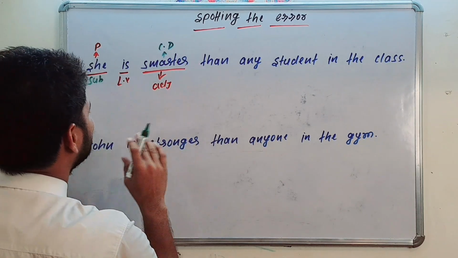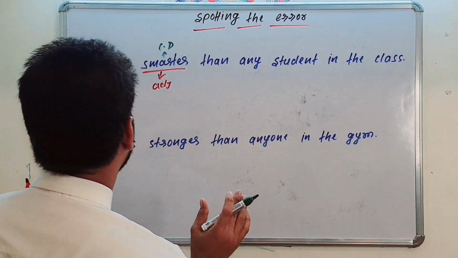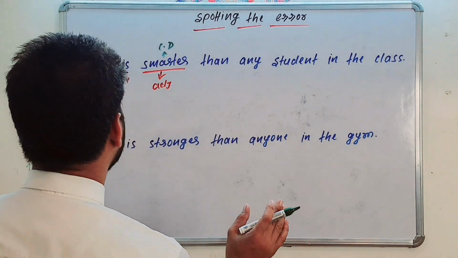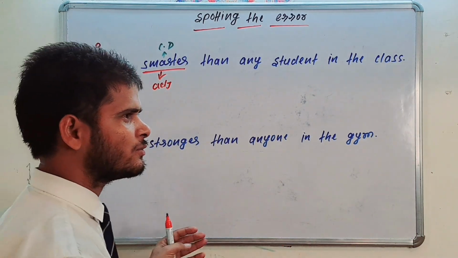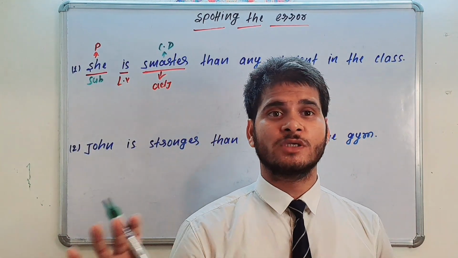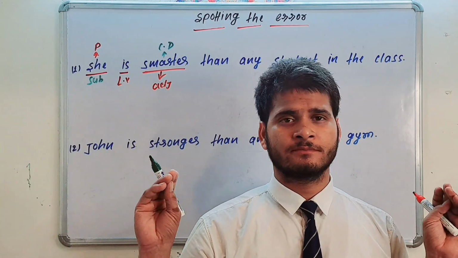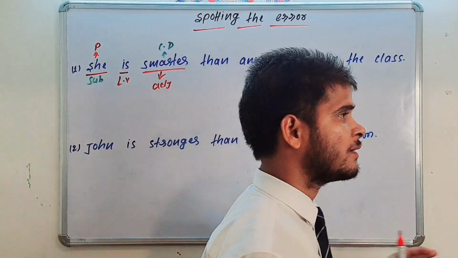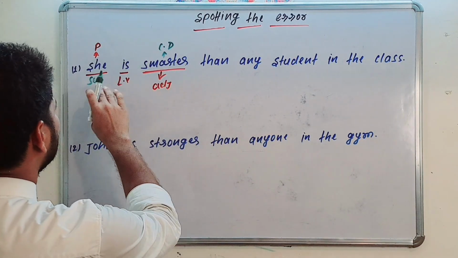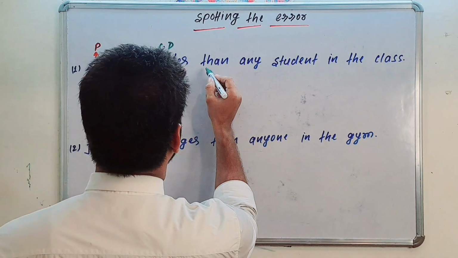This is your adjective and comparative degree. Watch carefully and listen carefully, because all these rules that I'm going to discuss in this sentence are the most important rules of English grammar.